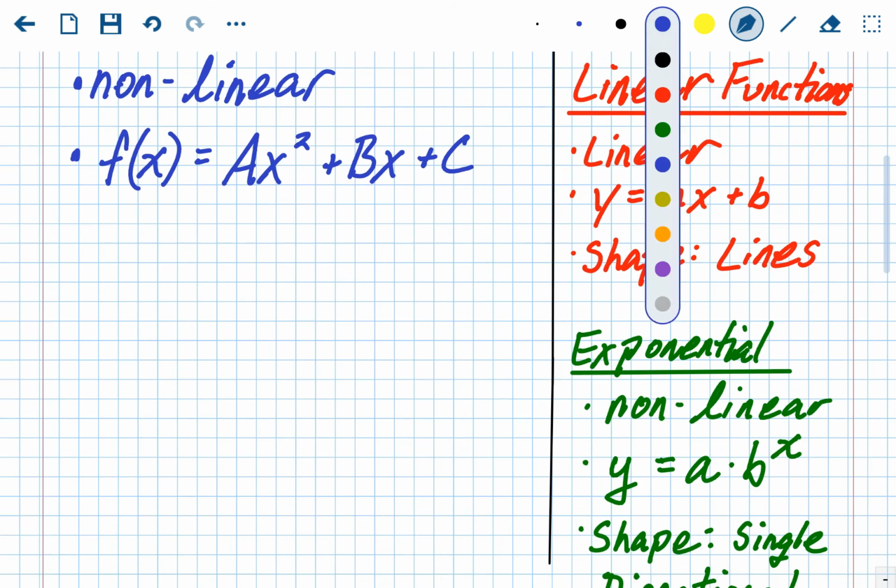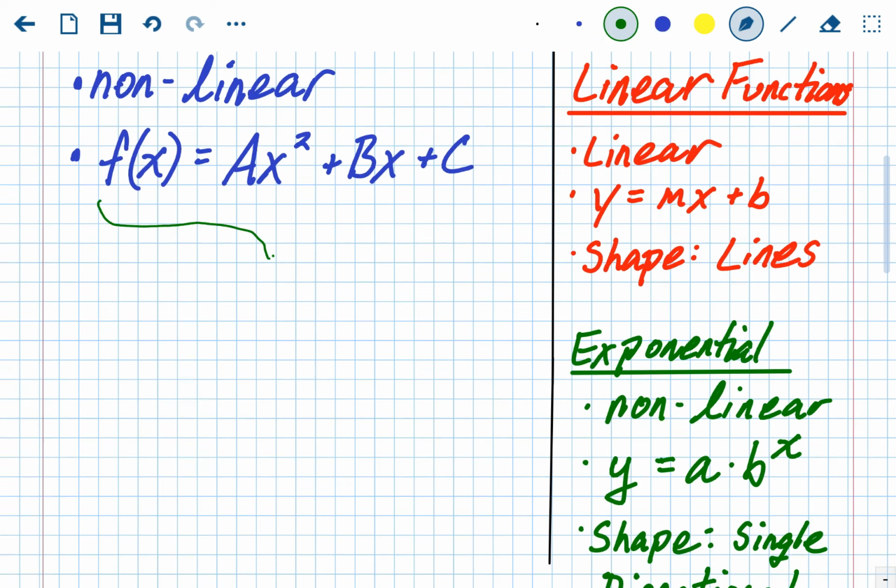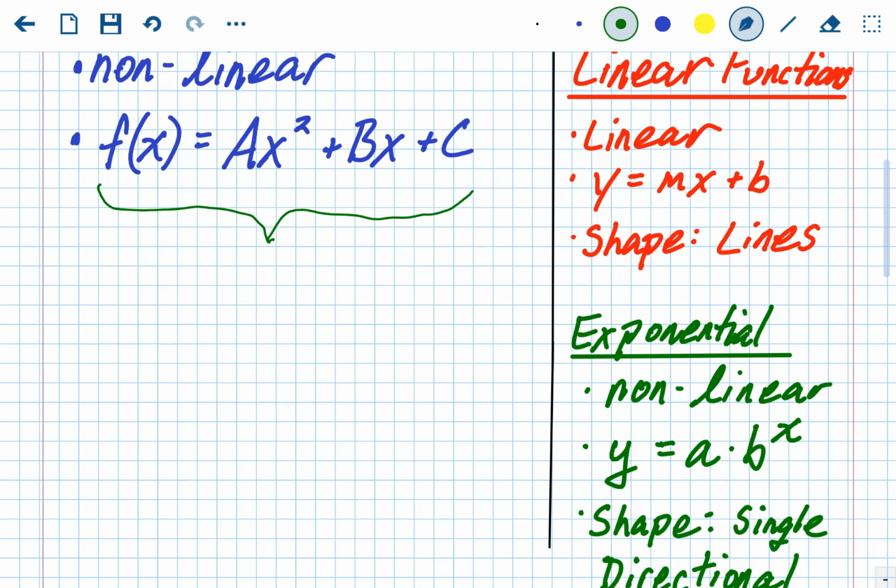That's going to be our standard form. Now, what makes something quadratic is the squared part, the x squared. Let's write down standard form first.